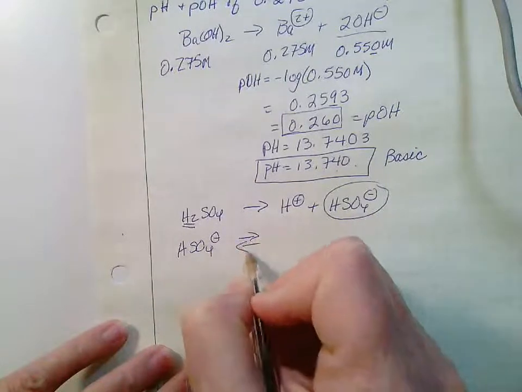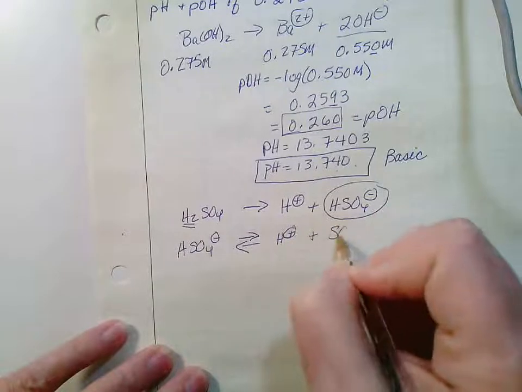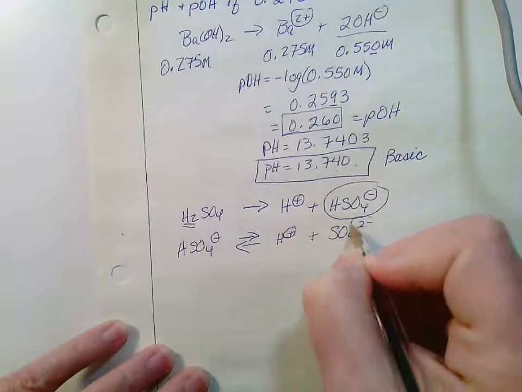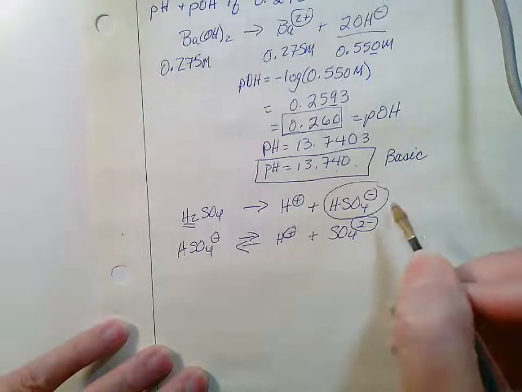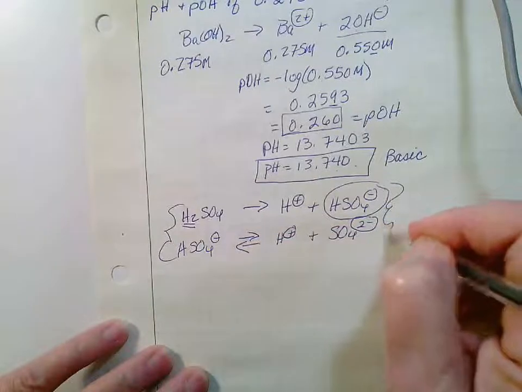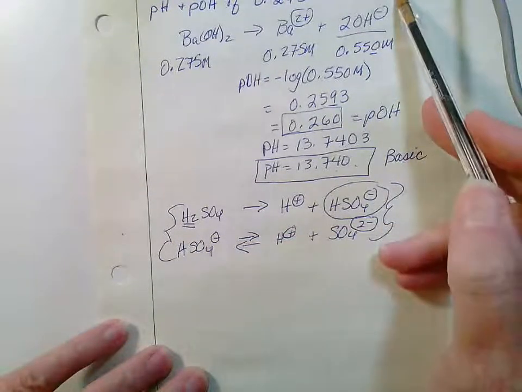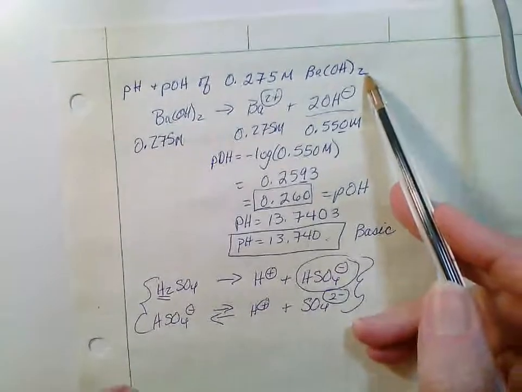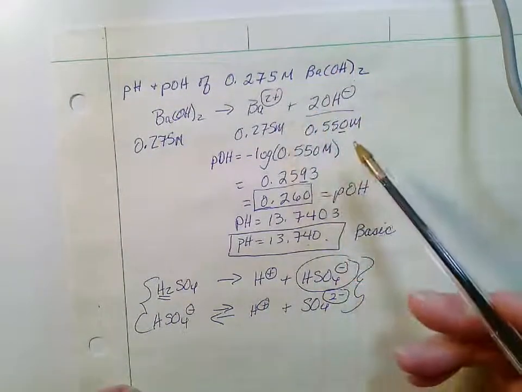Now we have an equilibrium where we get more hydrogen ions plus this sulfate ion. Unless I tell you, this question would be something we would deal with later. So if you see something that has a 2 on it, it's almost always going to be a hydroxide, and you would have to do both of those and double it.